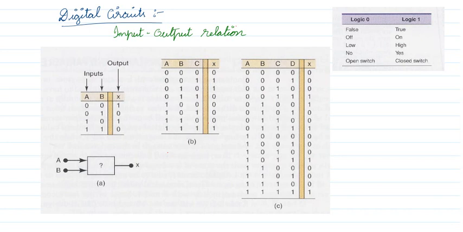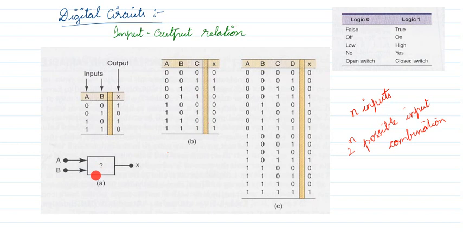So I can generally define that for n inputs, there are 2 power n possible input combinations. That's what we have seen here. For n equal to 2, we have 4 combinations. N equal to 3, we have 8 combinations. N equal to 4, we have 16 combinations.